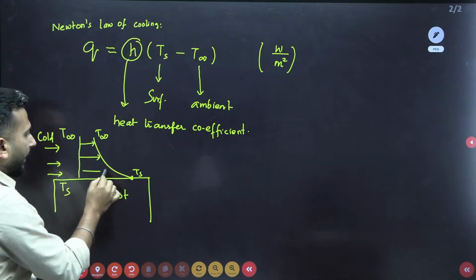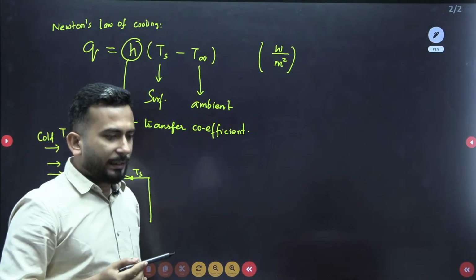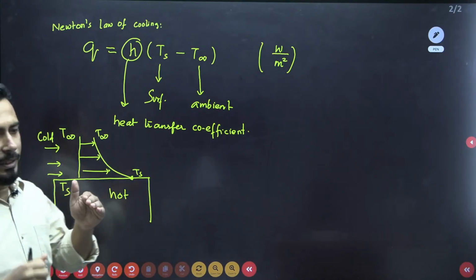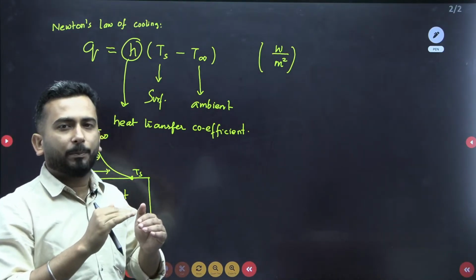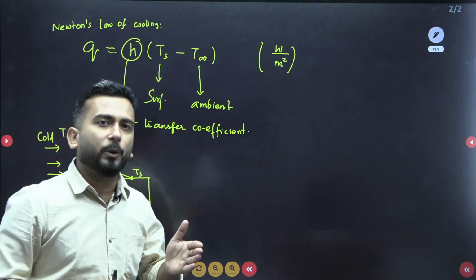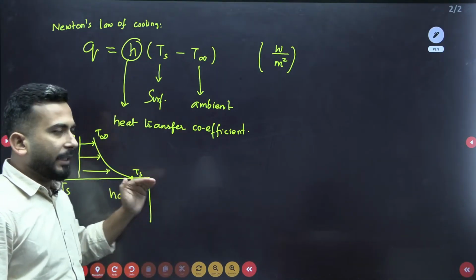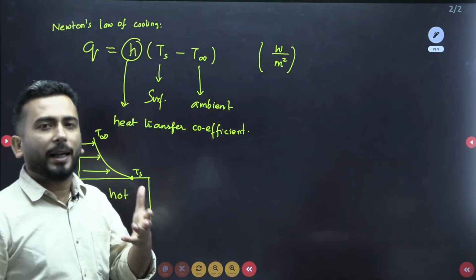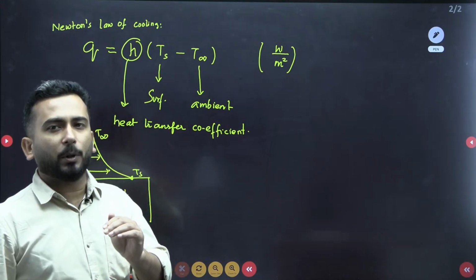You have studied that when a fluid comes over a plate, there is the no slip condition: the fluid in contact with the plate will stop and assume zero velocity, and that is the reason we study the velocity boundary layer.